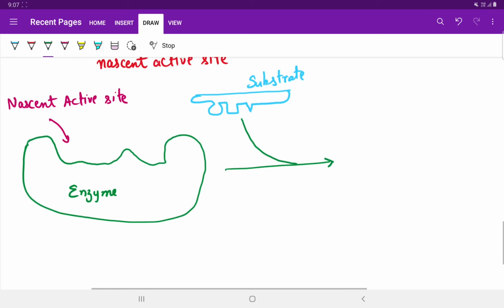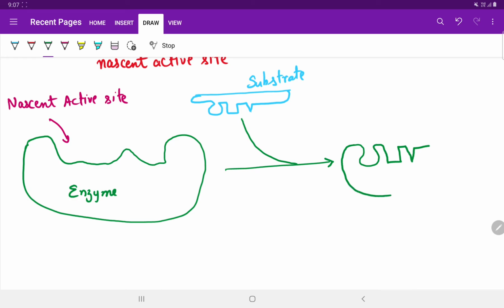So usually this leads to a conformational change on the active site and leads to the formation of the enzyme substrate complex. So here is the enzyme and the substrate is attached on this. So this is the enzyme substrate complex.